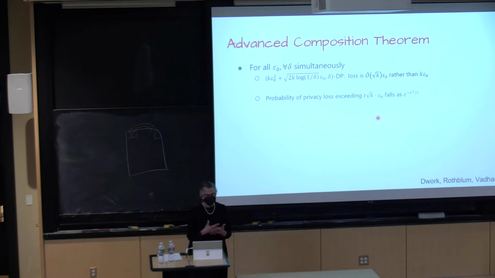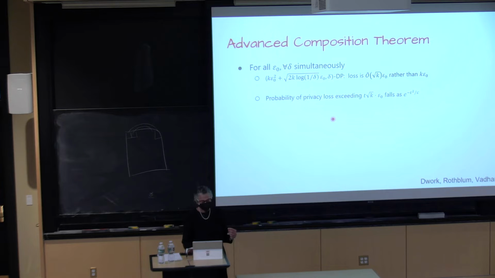So what this says is that the probability of the privacy loss exceeding t times square root of k times epsilon naught is falling exponentially, as in t squared with some constant there, like 2 or 4.